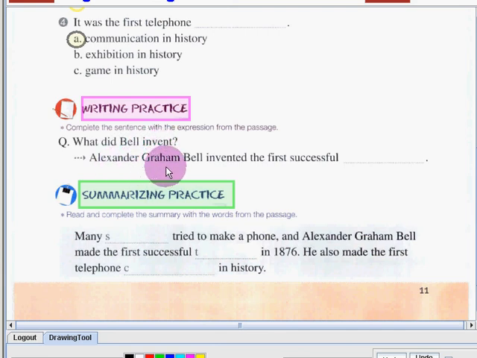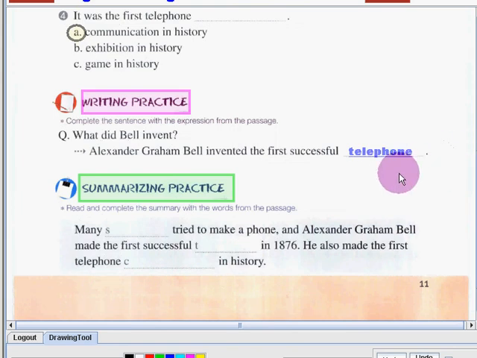Alexander Graham Bell invented the first successful blank. So, what do you think is the missing word? Alright, so the missing word in this blank is telephone. Alexander Graham Bell invented the first successful telephone.